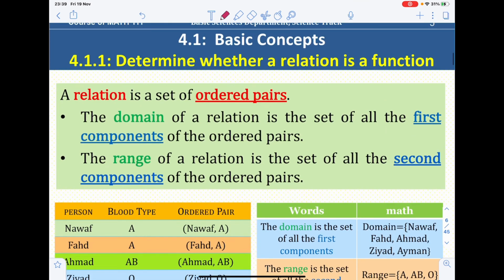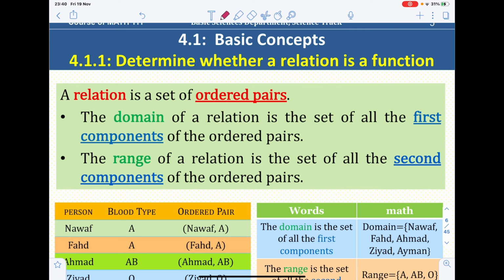now to determine whether a relation is a function, we have to know what is the domain and the range of the relation.